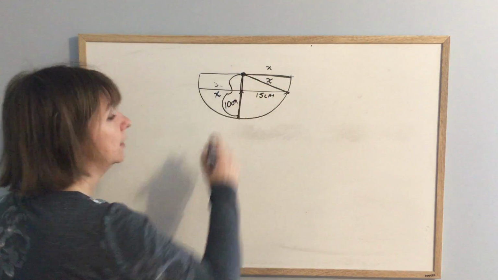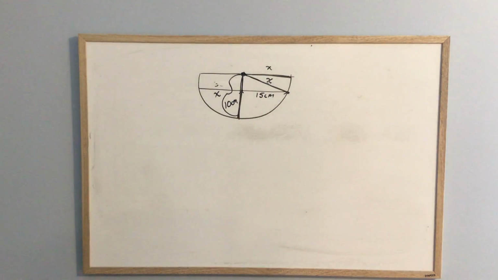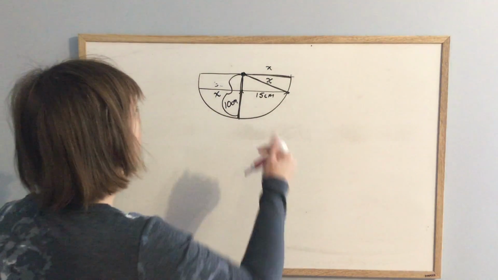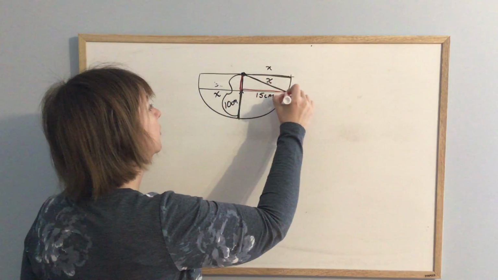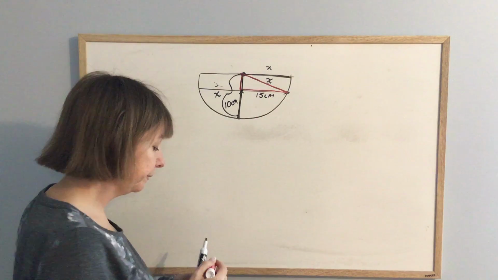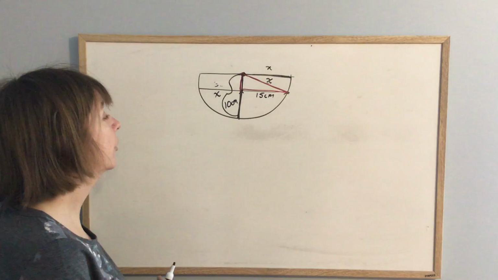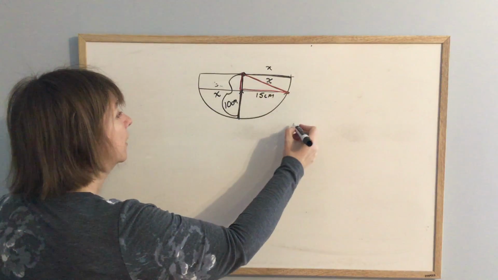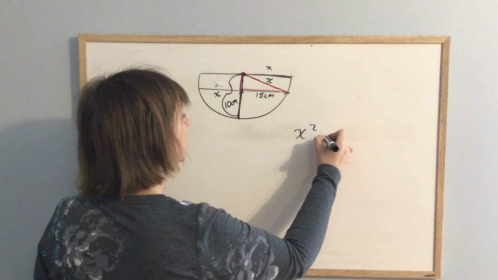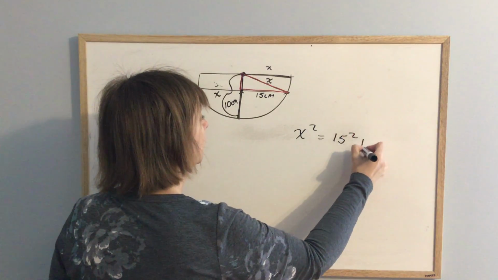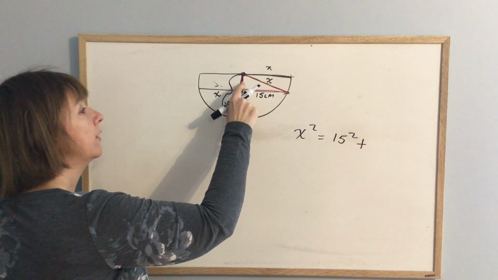So notice right here, let me just use a different color. Notice right here, I actually have a little right angle triangle. And what I want to know is the hypotenuse of that right angle triangle. So I know that x squared is equal to 15 squared plus whatever this side is.